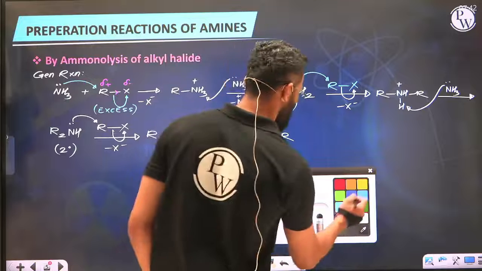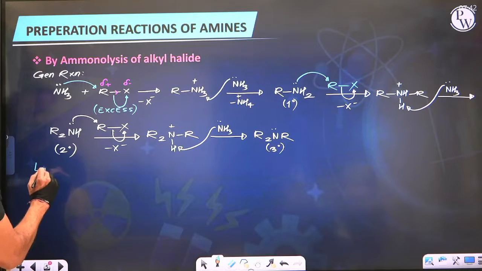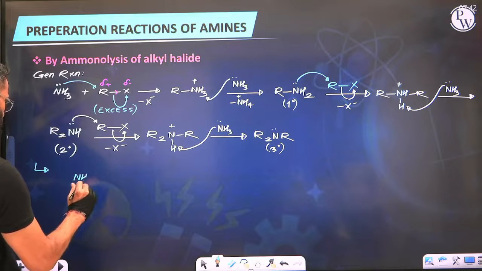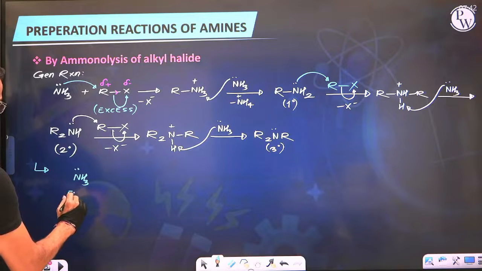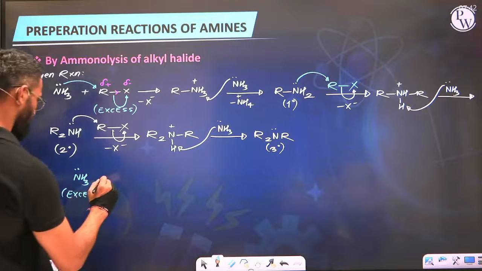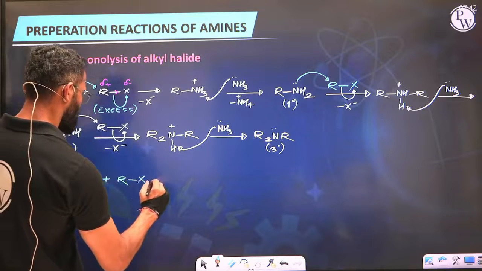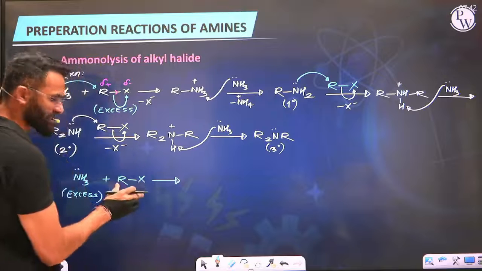Hence remember, taking ammonia in excess, so we are changing the concentration, and treating that with alkyl halide. Of course, if ammonia is in excess, we'll have to consider this is limited amount.